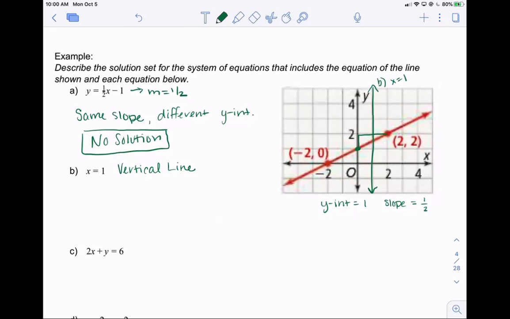It crosses how many times? Once. So we have one solution. That's what this example is asking us. But on your homework, it's going to ask you to find that solution. Well, we know the x value of our ordered pair is 1. And let's approximate this. What is this y value? 1.5. Perfect. Sounds good.